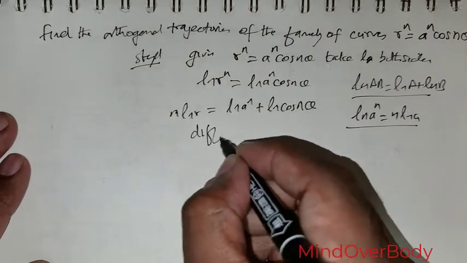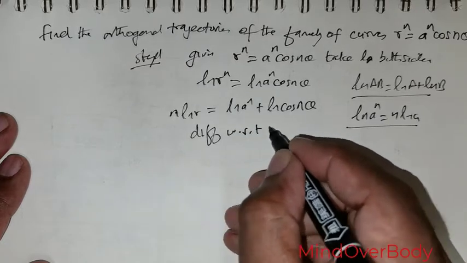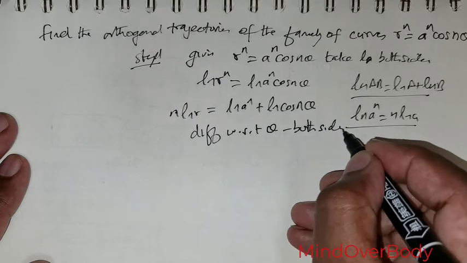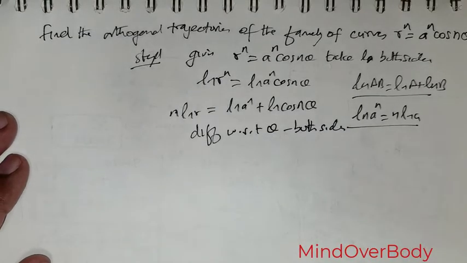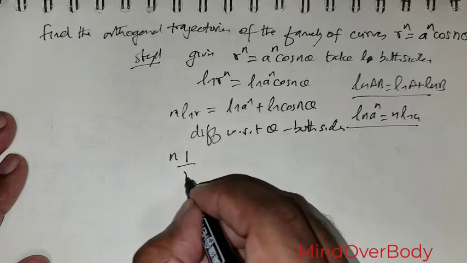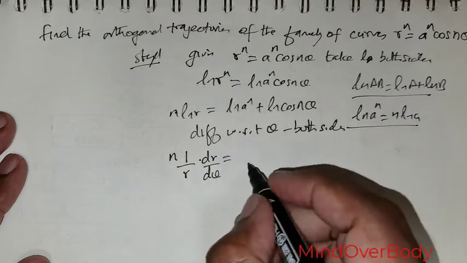So now I'm going to be differentiating with reference to theta, both sides. So what happens if we do this? The differential of ln r is 1 over r times dr over d theta. The differential of this constant is 0.